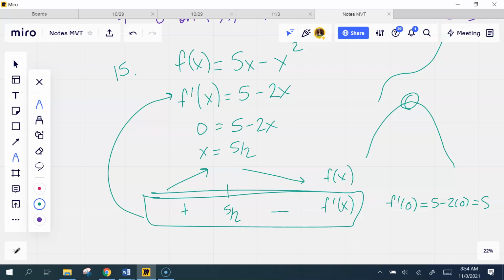If it bounded it, yes. If it bounded it, you would have to check those values. So if it said on the interval -1 to 1, then I would need to check -1 and 1 to see if they were bigger or smaller than if I had 5/2. The function, right. Because the whole thing is analyzing the function, but we use the derivative to do that.